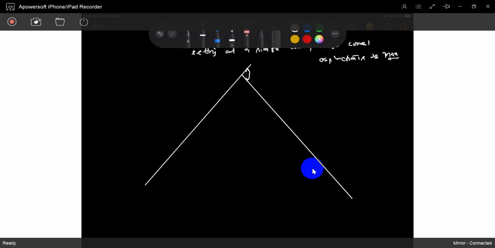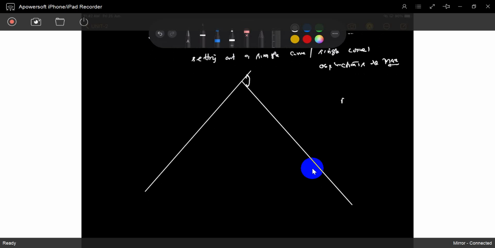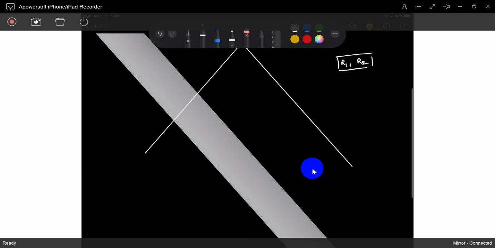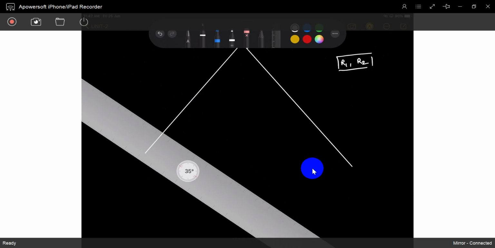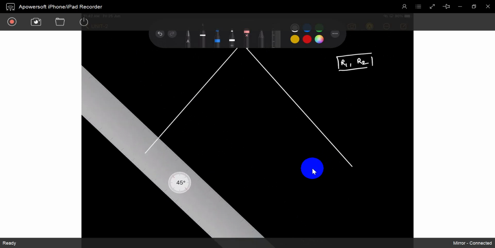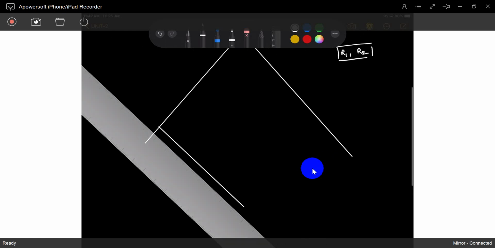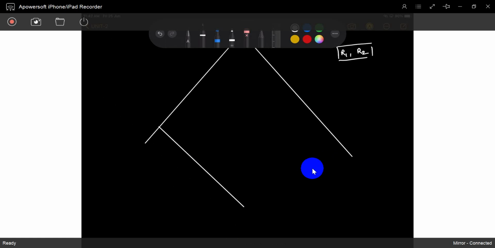So we make two different arcs, R1 and R2, the radii of the curves. First maintain one arc, and draw a curve with respect to R1, just R1.